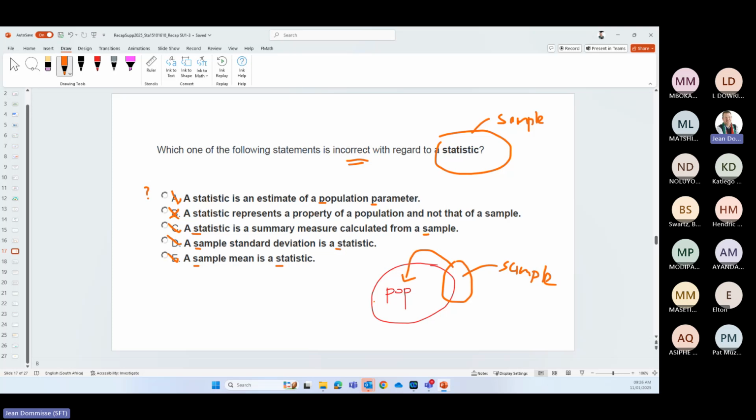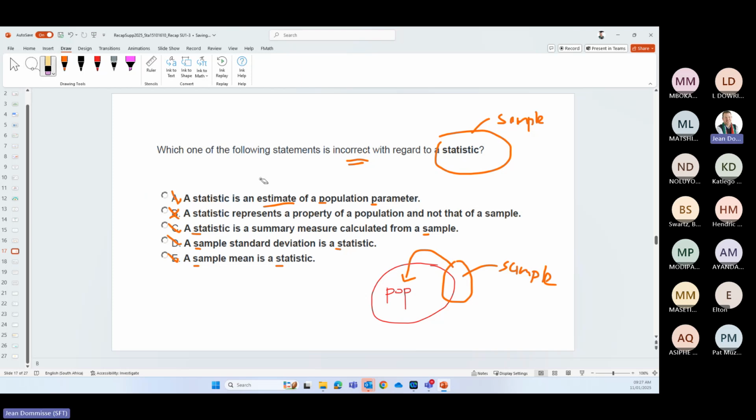Even if it is the population of stats first year or stats 1610 students, to get to everyone and say everyone must be in a session, that's not even going to happen. But in this room today, we've got a very nice sample of the 1610 population. So just remember, a statistic is an estimate of a population parameter.